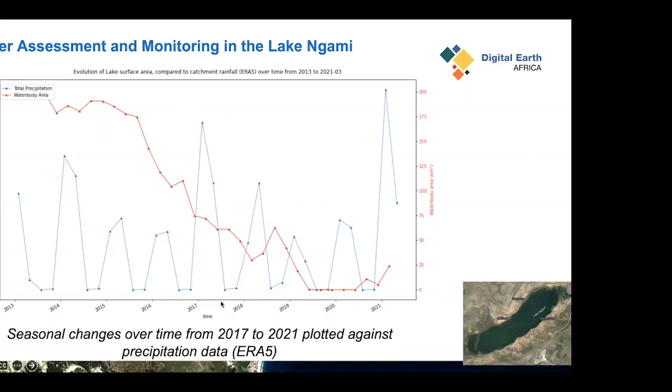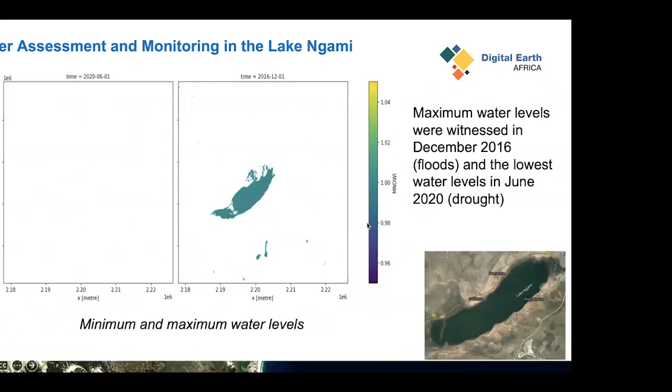From 2017 and 2018, you can realize that the amount of rainfall started decreasing, and that caused Lake Ngami to not receive enough water to fill its basin for that particular area. And we used the ERA5 data set to be able to do this monitoring.